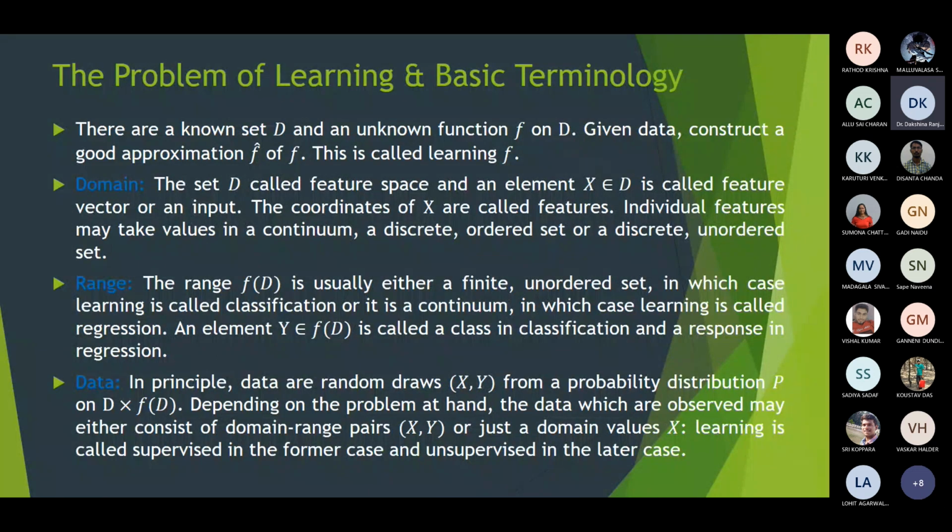That means here capital X is a set of features, and capital X itself is a feature vector. Now the elements of this feature vector X are called the features. Now the individual features may take values in a continuum, a discrete ordered set, or an unordered set. Okay. So the nature of features.